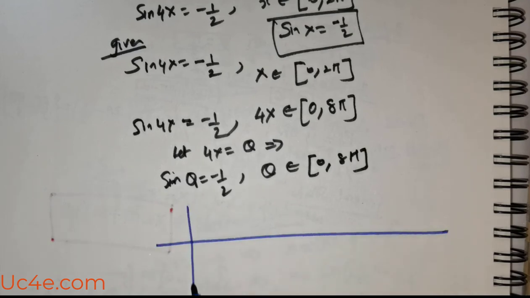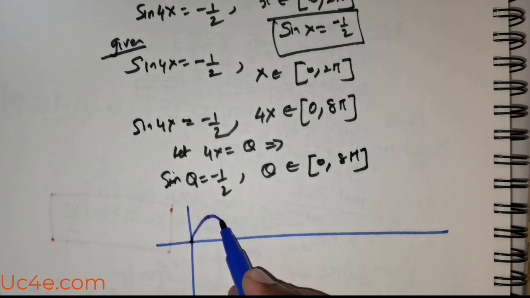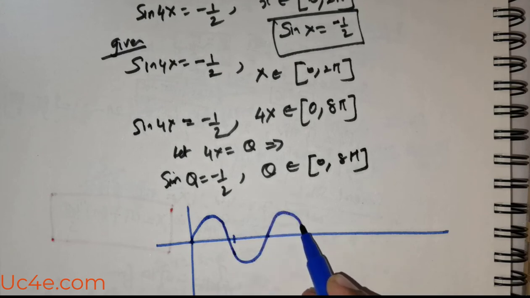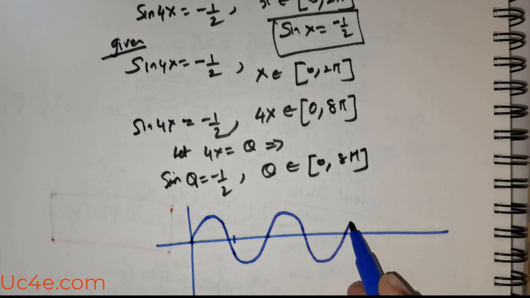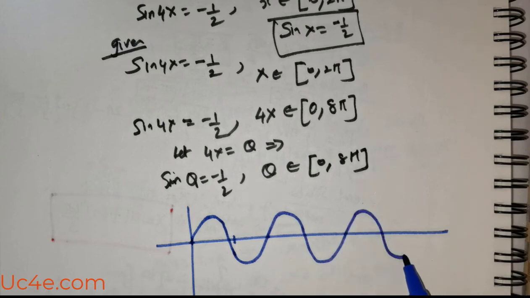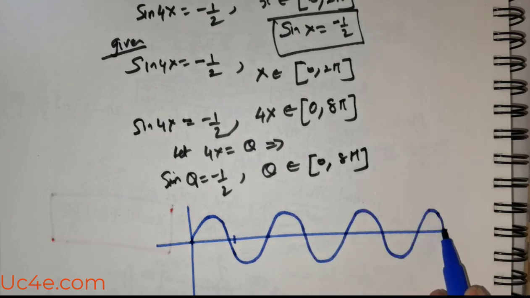So 0 to 2 pi. So let me just draw the graph. The graph of sine x is going to be like this. It's going to hit here and then move up and hit and then move up and then hit and then move up and then hit and then move up.